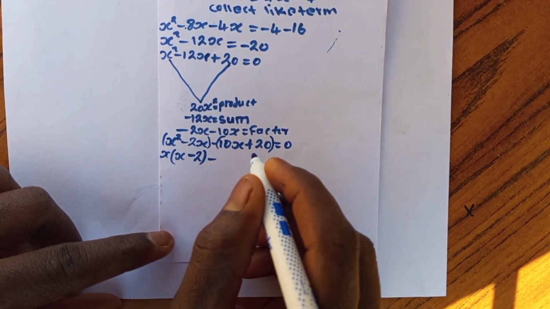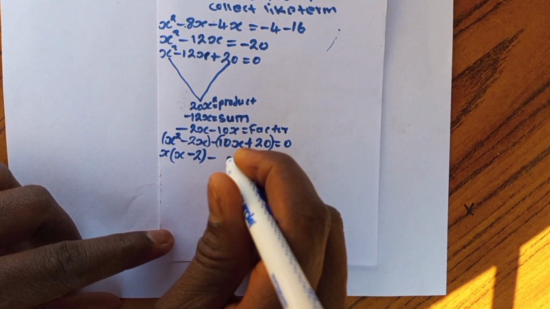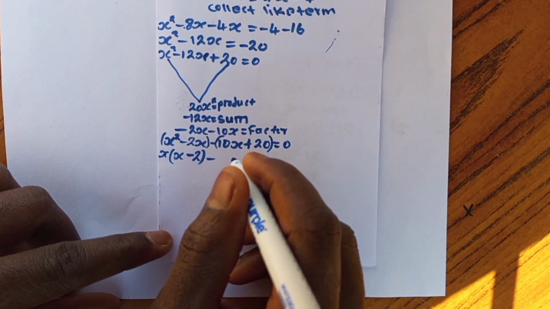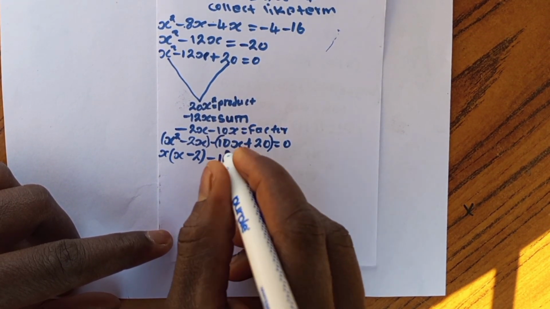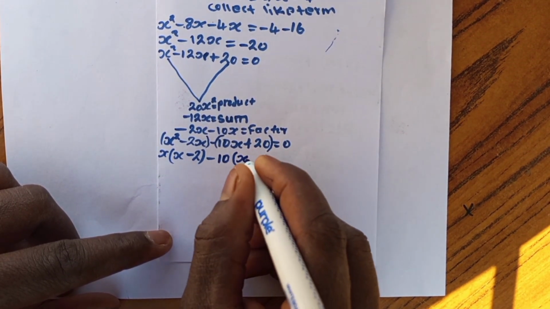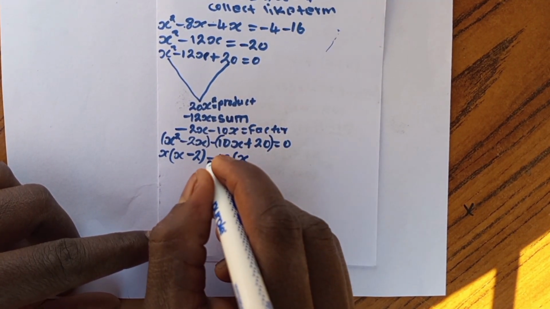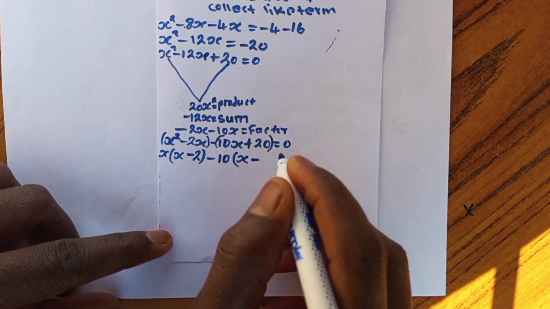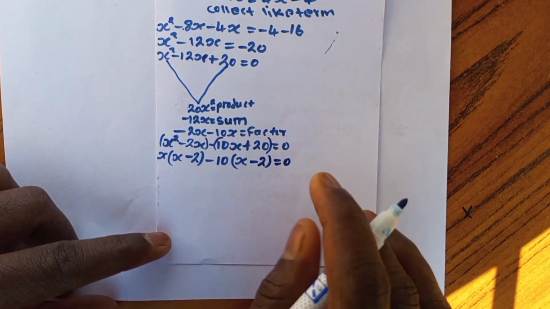What is common here is 10. Why? Because 10 can enter into itself without remainder. And 10 can enter into 20 without remainder. So it's 10. 10 cancel 10. What is remaining is x. If you multiply 10 times x, you are going to have 10x. We see minus times plus is minus. 10 can enter into 20, how many times? Is 2 times. Equals to 0.